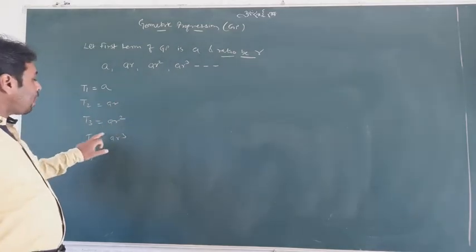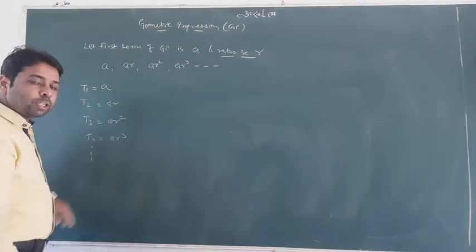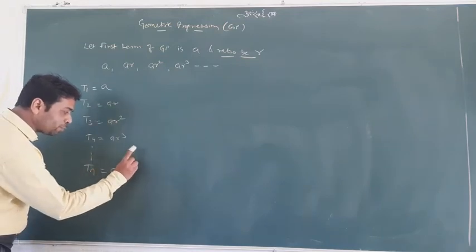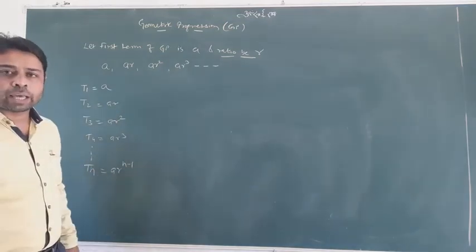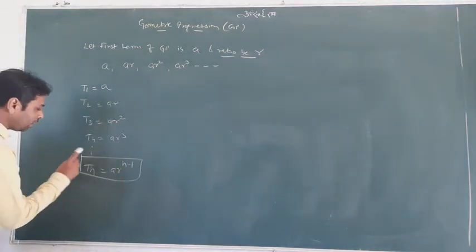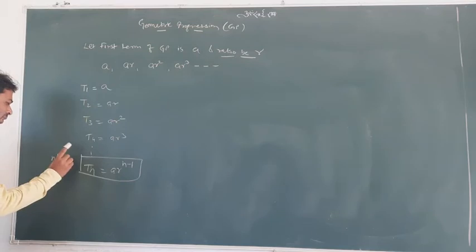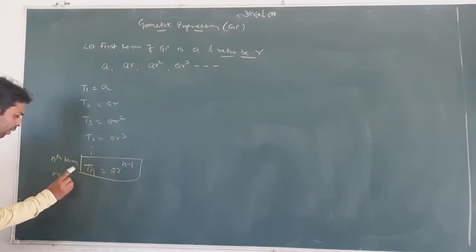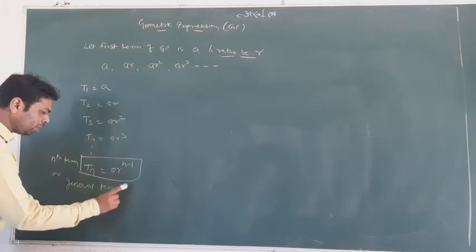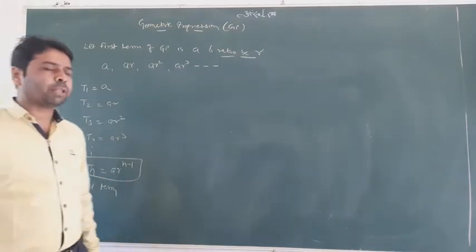For the fourth term, the power of r is 1 less. It means that when I find Tn, I will write 1 less power of n, meaning ar to the power n minus 1. And this is none other than the nth term, or it is called the general term. So a very good formula: Tn equals ar to the power n minus 1.